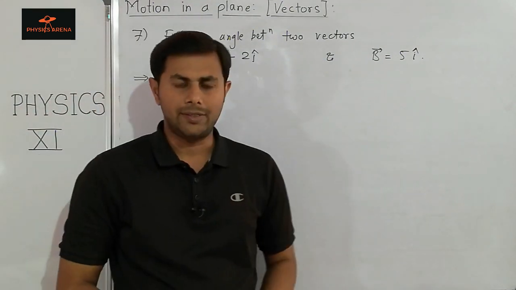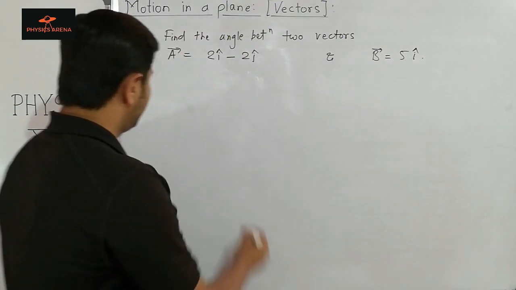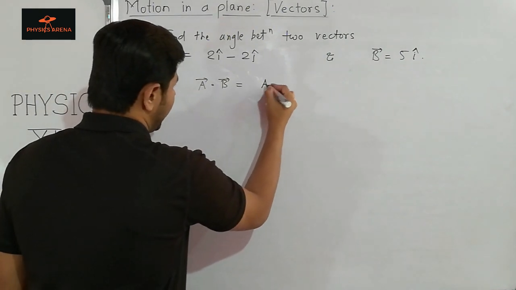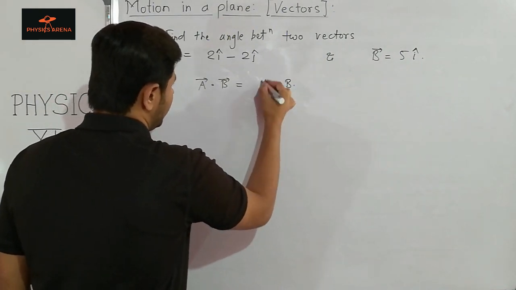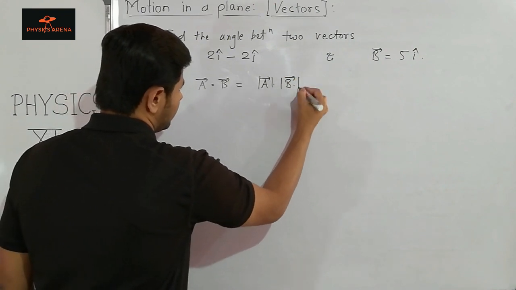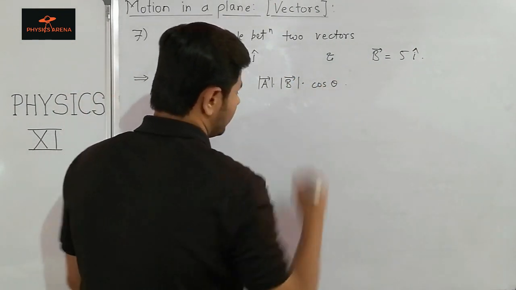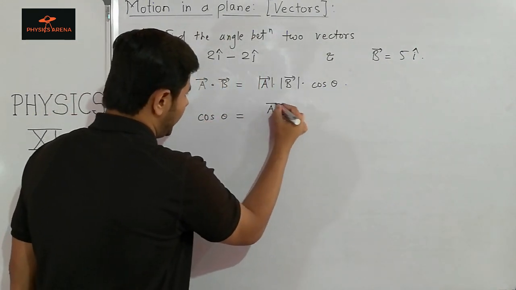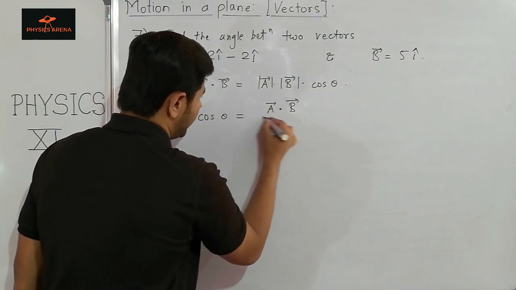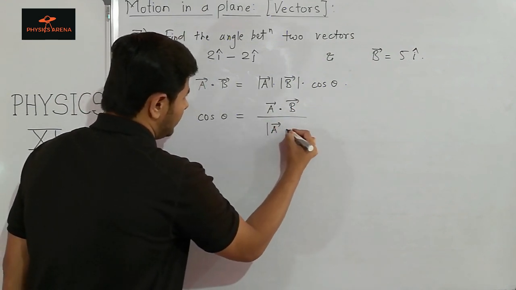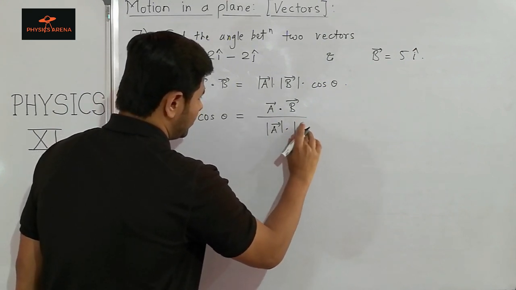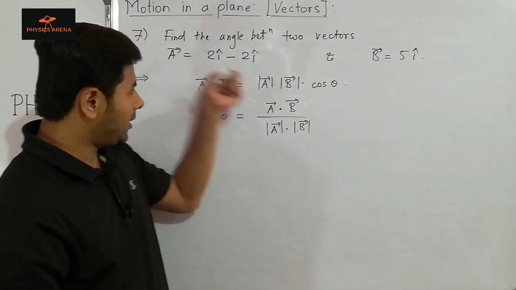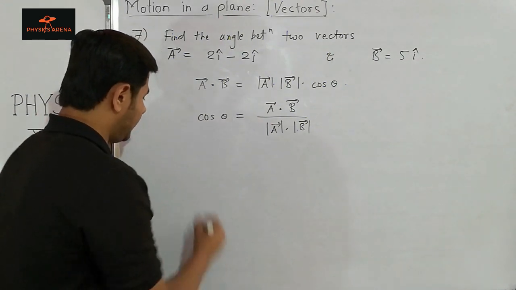Now we know how to find an angle between vectors. We know that dot product is given by a bar dot b bar equals magnitude of A into magnitude of B multiplied by cosine of the angle between vectors, and therefore cosine of theta equals A bar dot B bar divided by magnitude of A into magnitude of B. Now let us find magnitudes of A bar and B bar, and also A bar dot B bar.